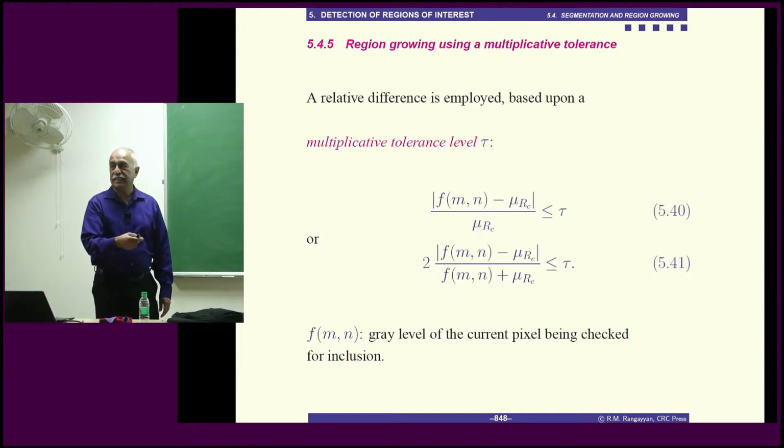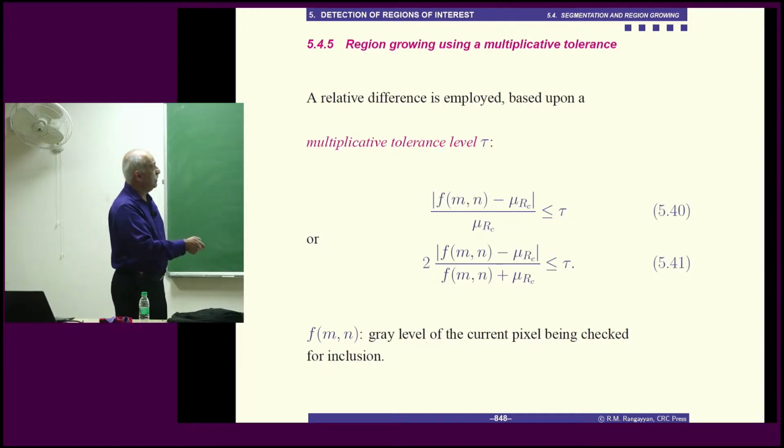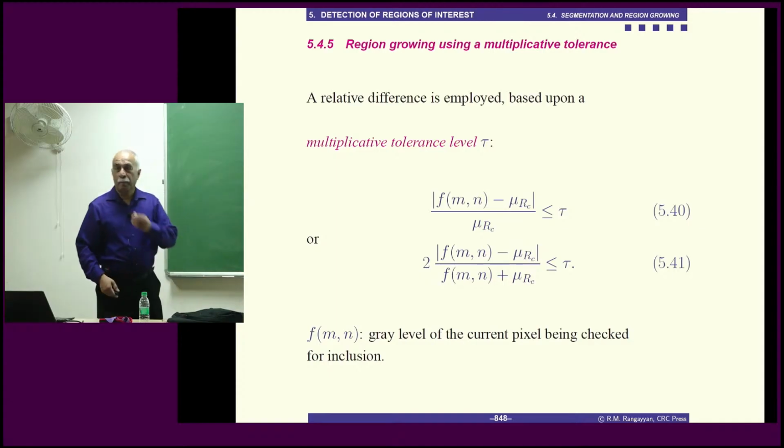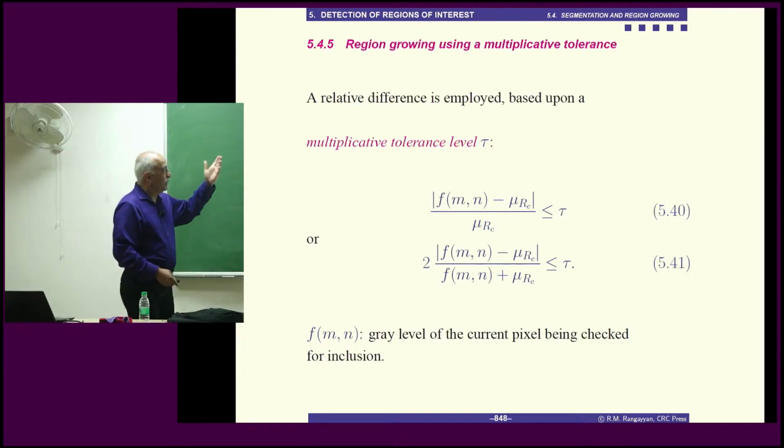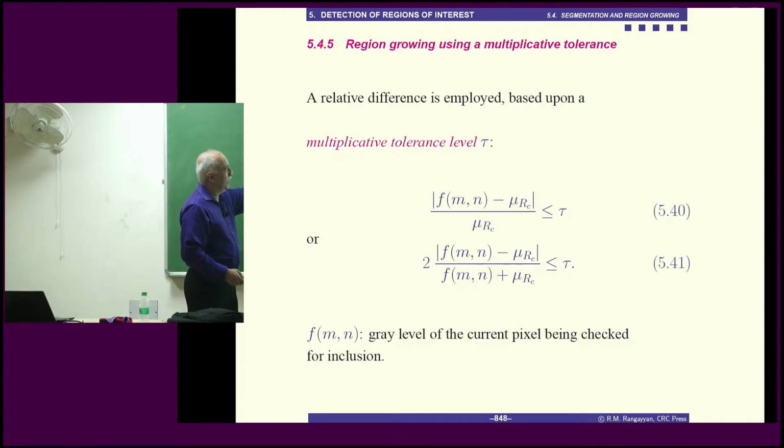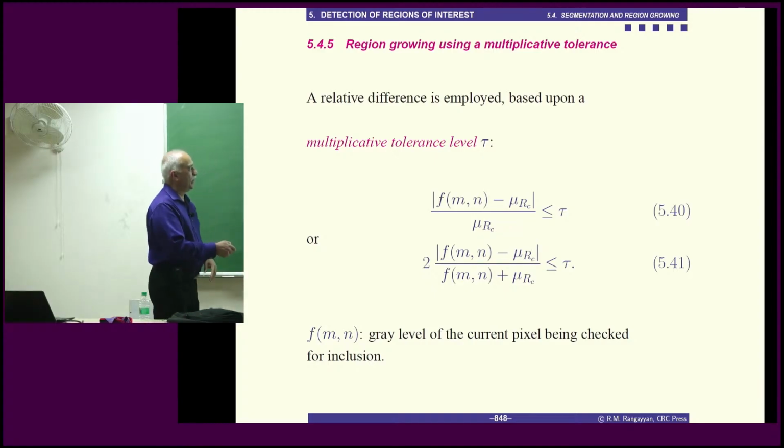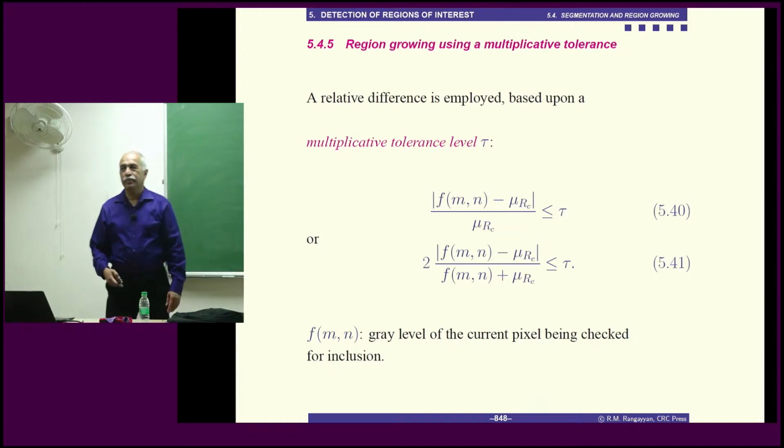It's like a contrast. Or you can use the other f minus b over f plus b formulation. And we put 2 there to normalize, to say it is the average of these two, these two divided by 2, so it goes there. So you can use different definitions. We call this multiplicative tolerance because this difference is compared with the product of tau with this average value.